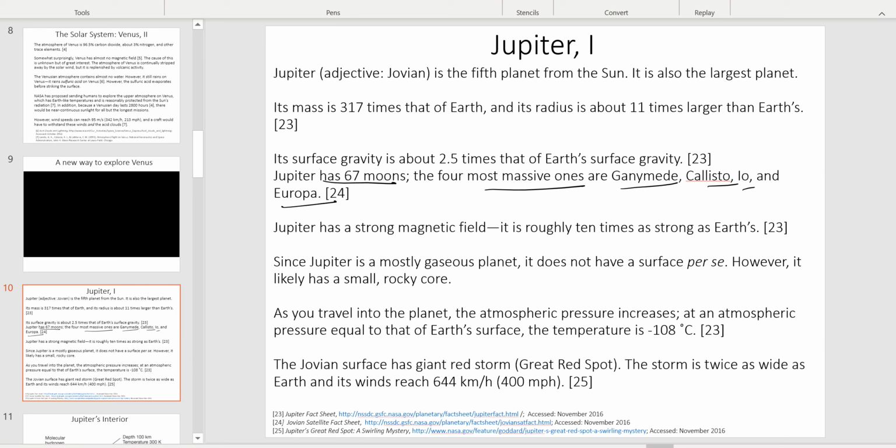I'm going to talk about Europa a little bit in this video because it's one of the places where we think we might find life in our solar system, assuming we haven't discovered it in addition on Venus as well. Jupiter has a very strong magnetic field. It's roughly 10 times as strong as that of Earth. I mentioned that it likely has a small rocky core.